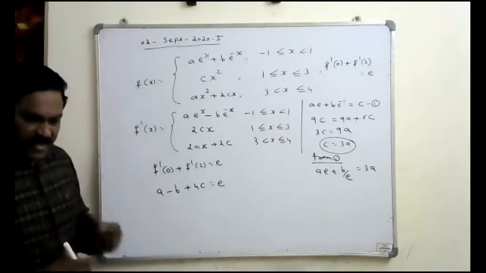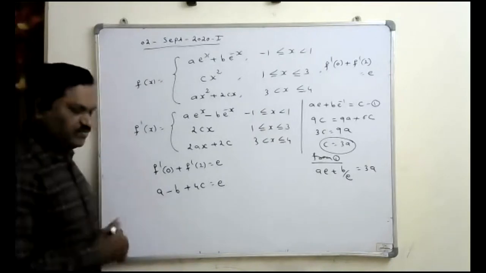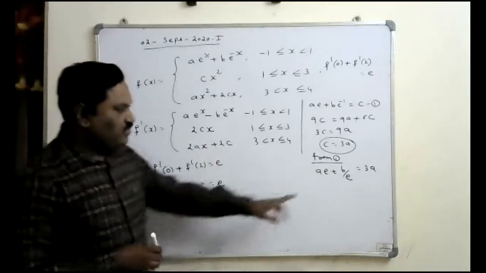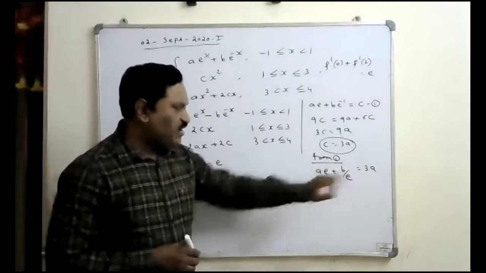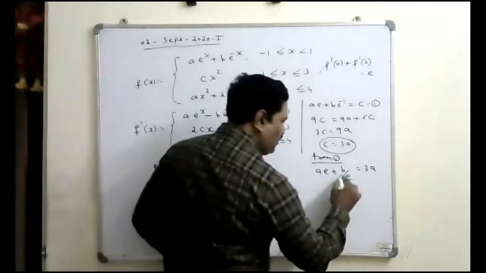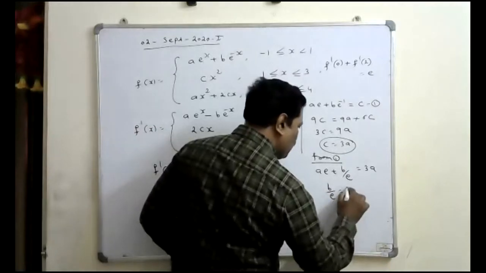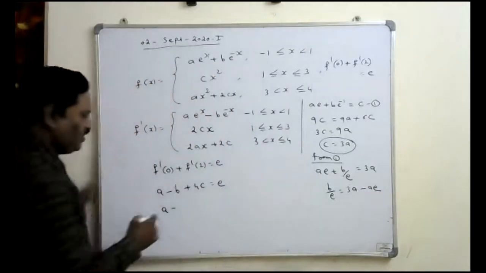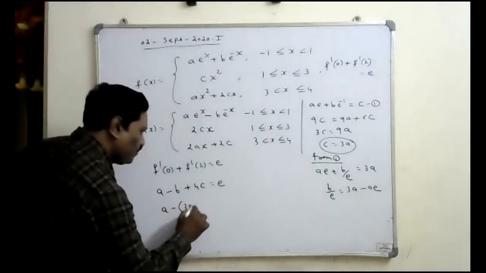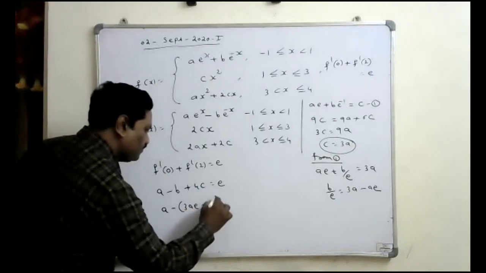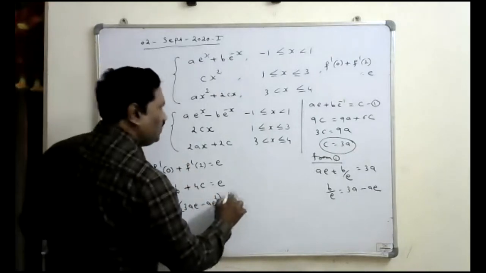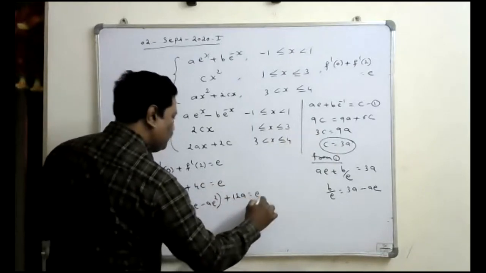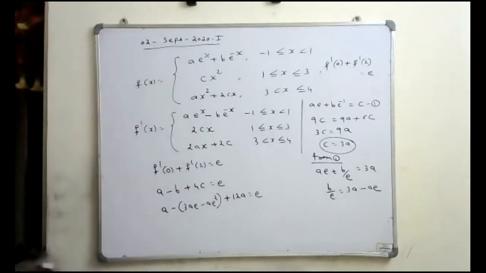Now we want the value of a. All the terms you have to convert in terms of a only. That is a minus b. What is the b value from this? From this you have to find the value of b. On the other side, b by e is equal to 3a minus ae. Then multiply by e, that is b equals 3ae minus ae^2. Plus 4c, where c is 3a, 4 into 3 is 12a, is equal to e. Everything is converted in terms of a.